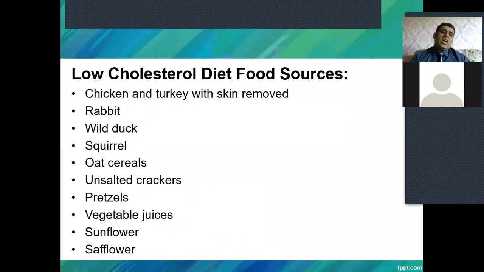Low cholesterol diet foods are chicken or turkey, skimmed, with the skin removed, and then rabbit, wild duck, squirrel, or oats, and then some vegetables, and sunflower and safflower oils. They are the sources of low cholesterol diets.